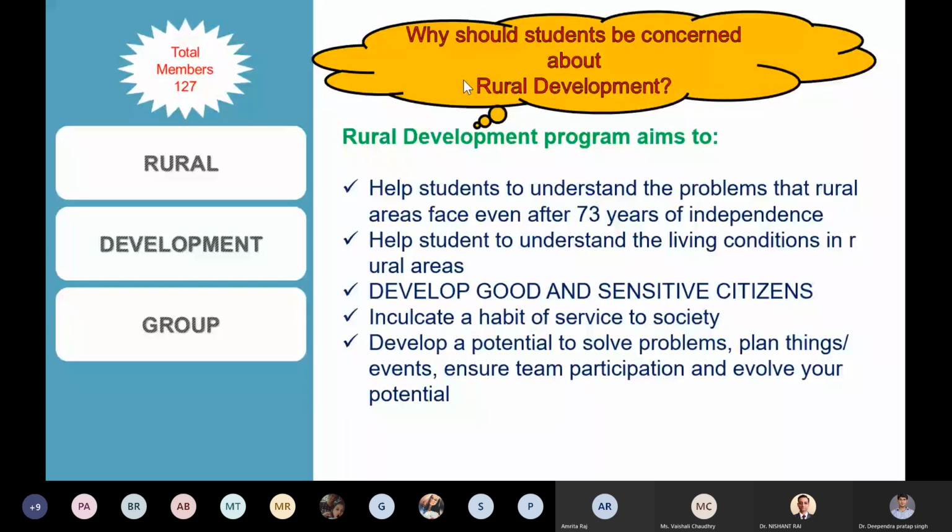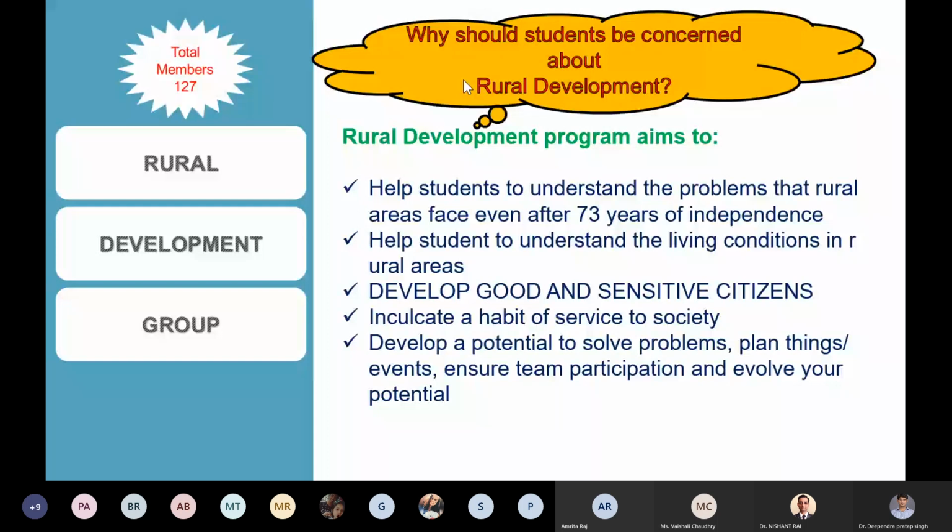Rural development is basically based on this: it has been more than 75 years since independence, the platinum jubilee, and we are still not able to eradicate the problems of the farmers and the poor people.